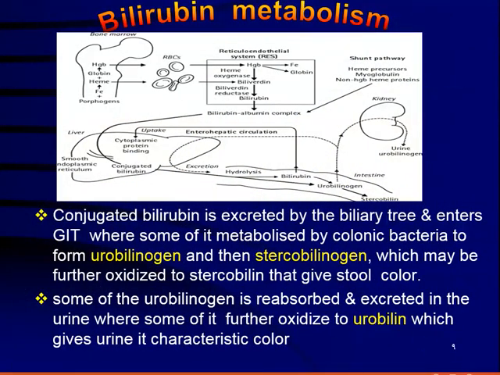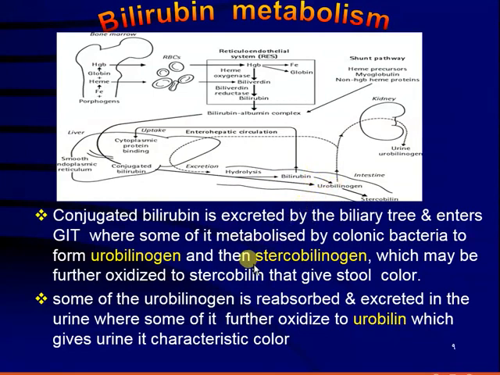Now, the conjugated bilirubin is excreted by the biliary system to enter the GIT, where some of it is metabolized by colonic bacteria, which is the bacterial flora of the colon, to form urobilinogen and then stercobilinogen, which may be further oxidized to stercobilin that gives the stool its color.